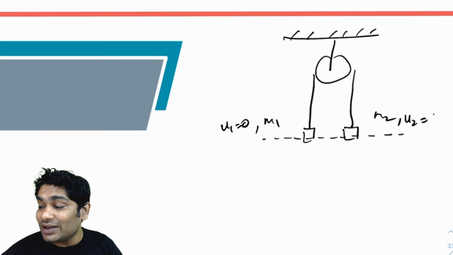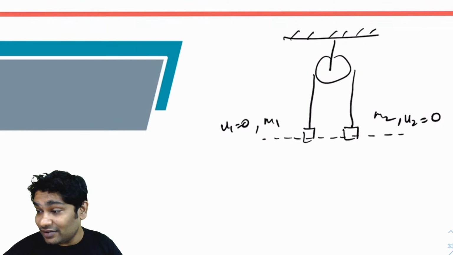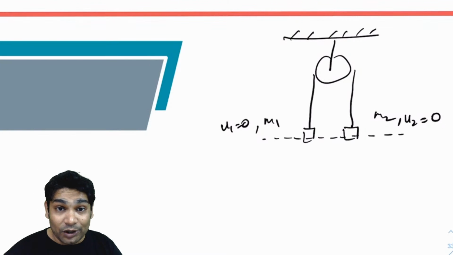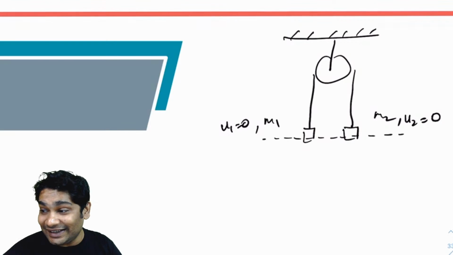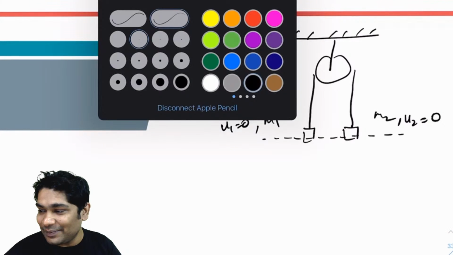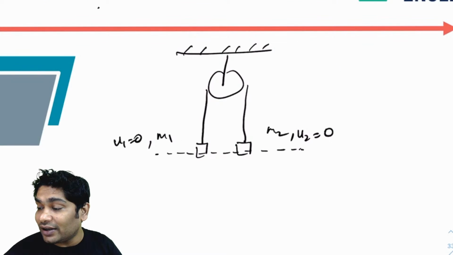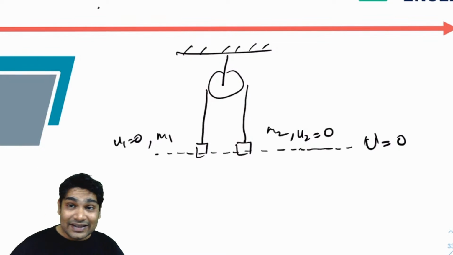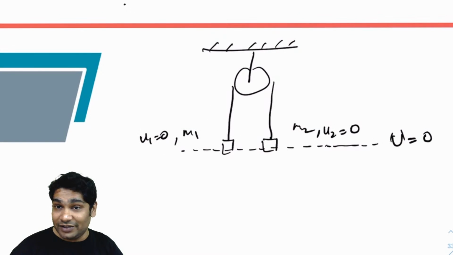I'm assuming u2 as 0. Oh, by the way, these small u's are speeds, not potential energies. Similarly, let's for right now take this as capital U equals 0. So I'm taking this as my reference point for potential energy.